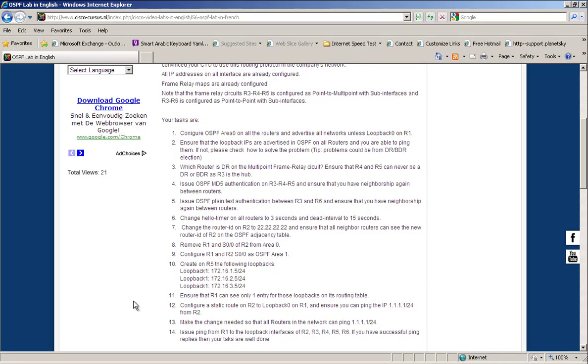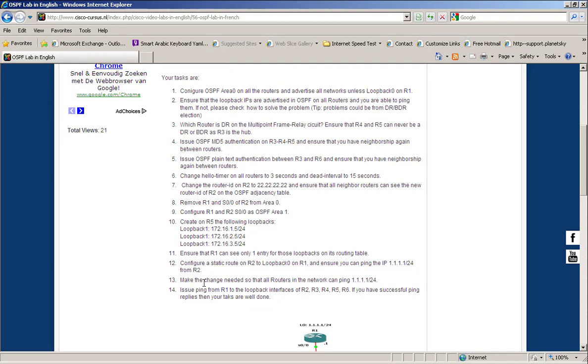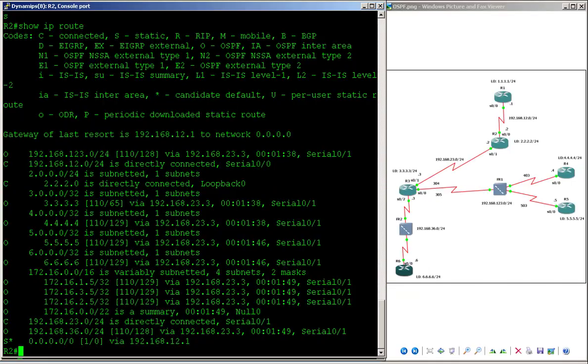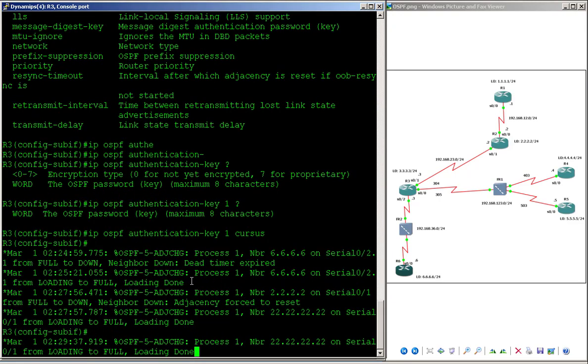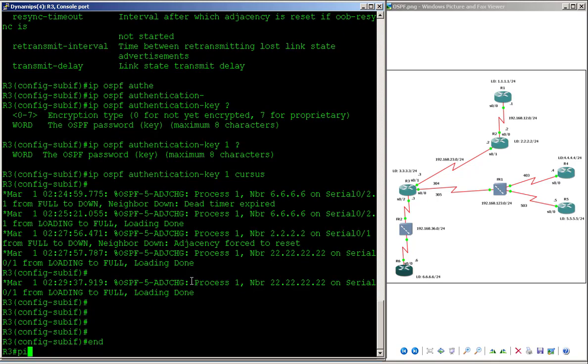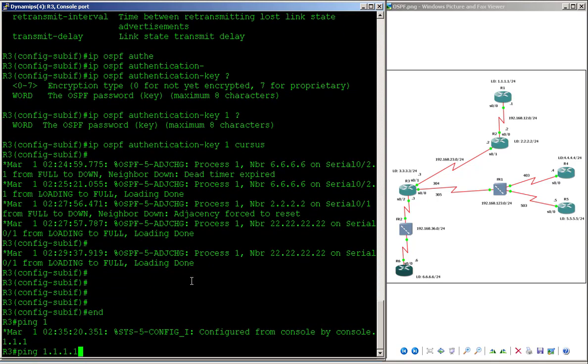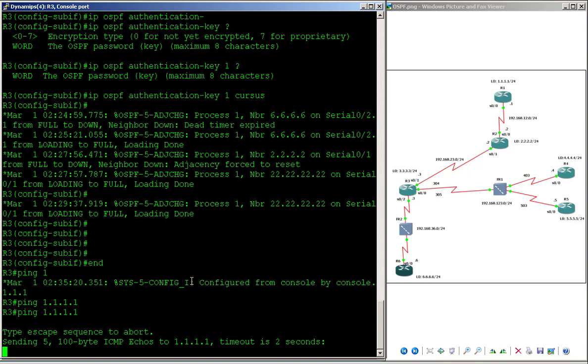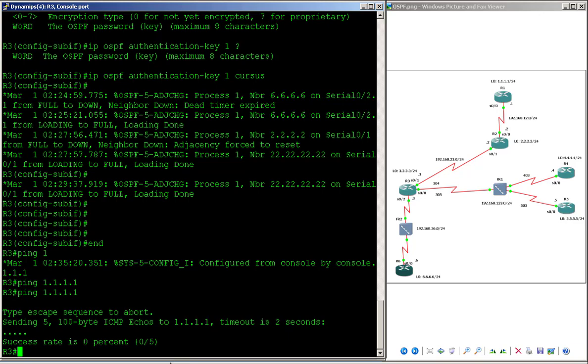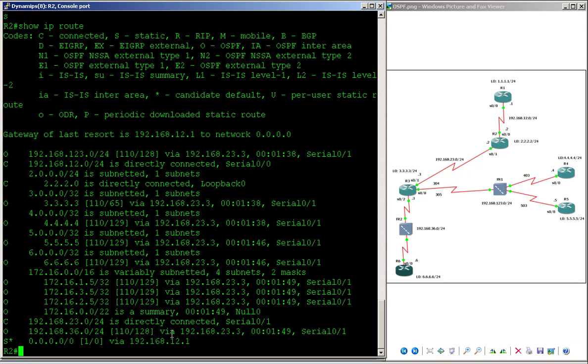Okay, that's nice. So now make the change needed so that all routers in the network can ping 1.1.1.1. For now, router 2 can ping the network, but router 3 cannot ping it. So if I ping 1.1.1.1, I should not be able to do that. Even from router 3, 4, 5, and 6, the same result. To solve this problem, I have to insert the default route into OSPF.